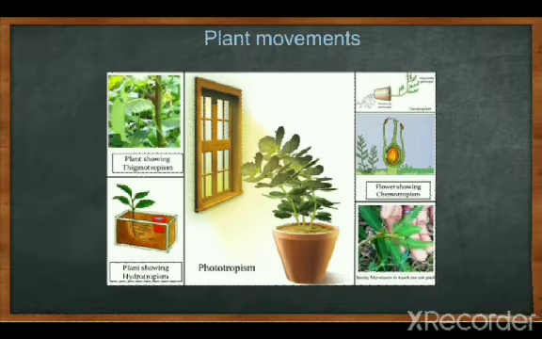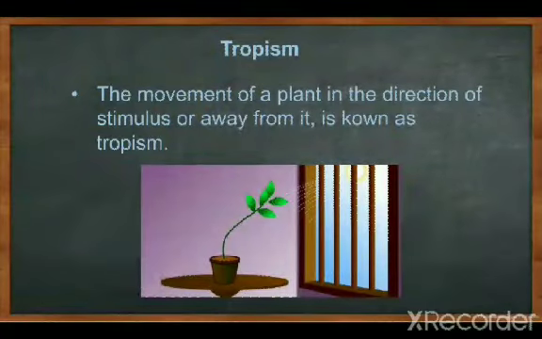Now the first and most important heading is tropism. The movement of a plant in the direction of a stimulus or away from it is known as tropism. First, it is a growth dependent process. It means growth will take place in it. Listen very carefully.